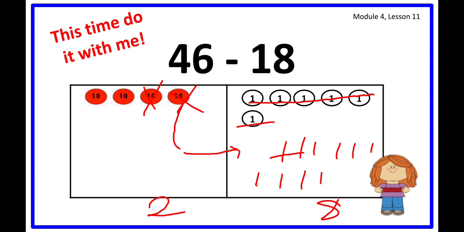We unbundle 1 ten, and now we can remove the 8. So removing 8, we have 8 remaining. And in the 10 side, we have to remove 1 ten also, because 4 tens minus 1 ten. Now the tens remaining there is 3, and the 8 is remaining in the 1 side. So 46 minus 18 is 28.